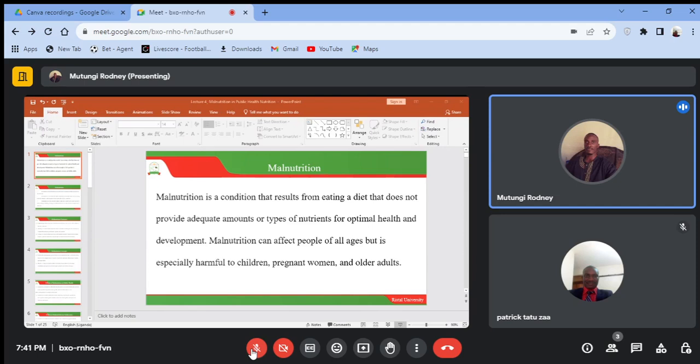Okay, so we target different people, of course, but we also focus on those who are more vulnerable, like pregnant and lactating women, children under 5 years, and then the adolescents and elderly. The different dosages depend on the type of micronutrient and how severe the deficiency is, because if someone is diagnosed to lack iron, they are not going to receive the same dose as one who is not yet having that deficiency.